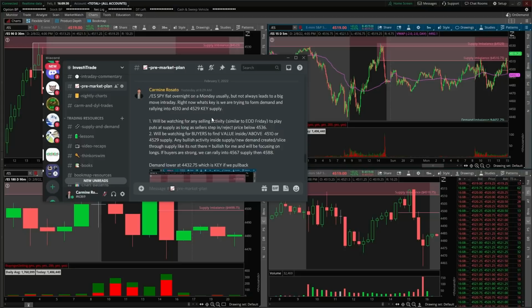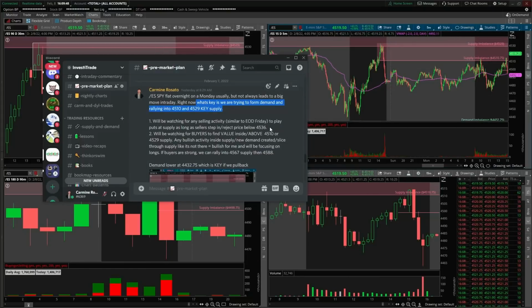First one was on the S&P, and it was the start of the week. What I said was key was we were trying to form demand overnight, and we were rallying. If you look at the right of the chart, right into the 45.10 and 45.29 key level. This is the S&P 500.